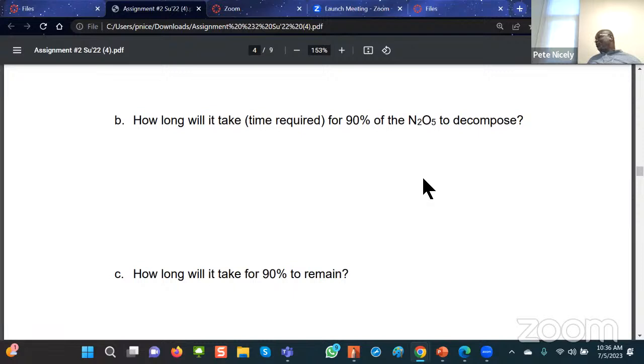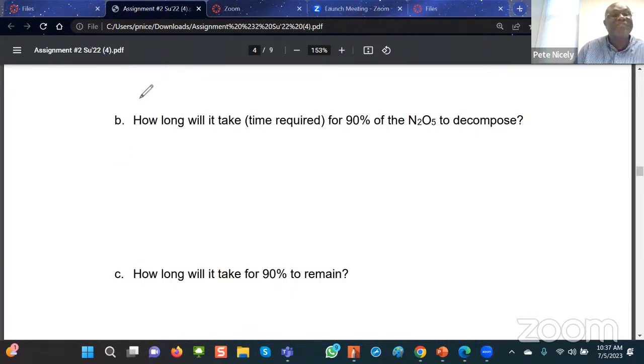So you could use either one of the two forms of the equation for the first order reaction. Let me write it up here.